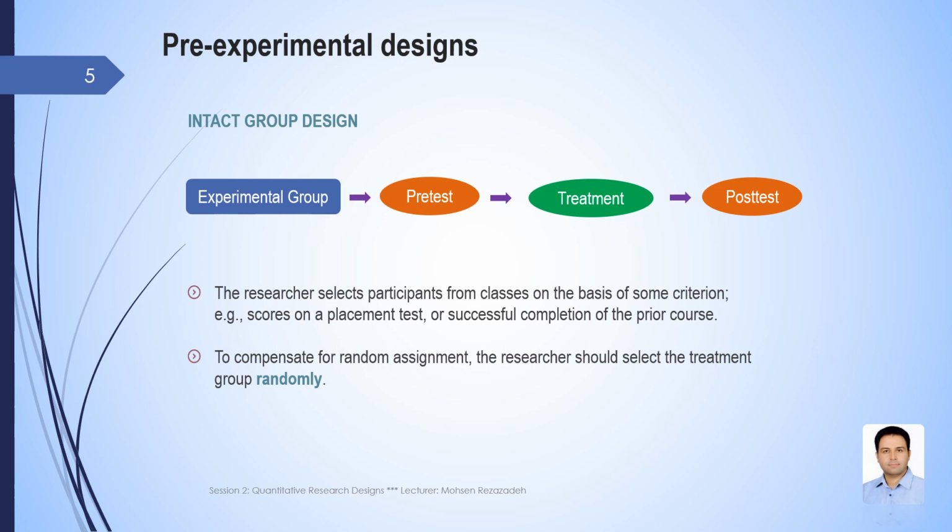In fact, one class as one group, which is the experimental group, and you cannot randomly assign the students. You can just randomly assign the classes as the groups. So the researcher should randomly assign the class as one intact group. This also helps with the external validity of this type of design.